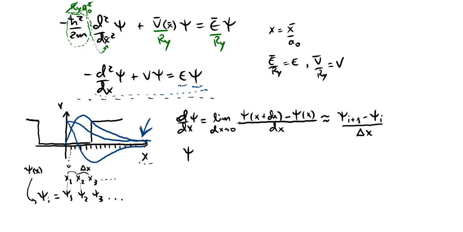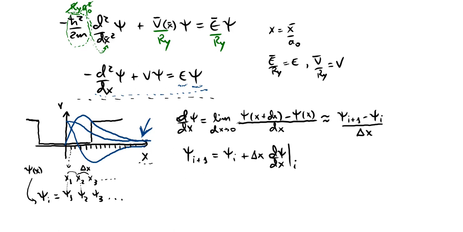Then psi of i plus 1 is equal to, rewriting this equation, psi of i plus delta x times the derivative of psi at the point i.